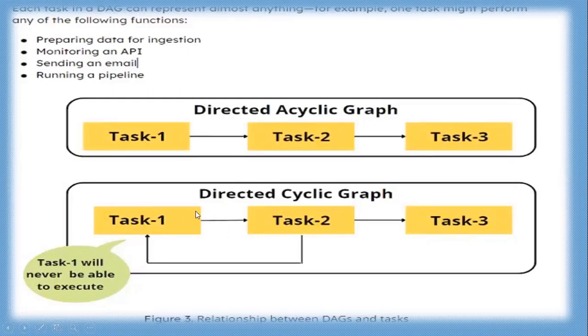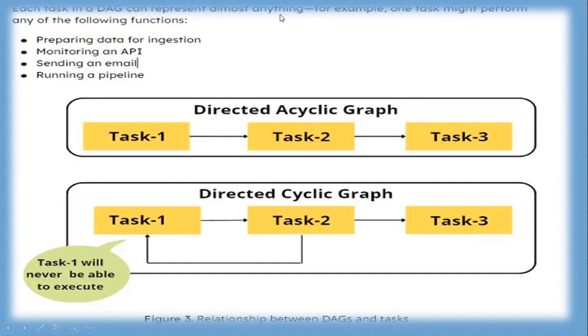There the DAG will get an error message like a cycle is found in the DAG. That is the main issue you need to understand. So task one will never be able to execute. The DAG is not going to be executed, and you will get an error message like cyclic graph is found.